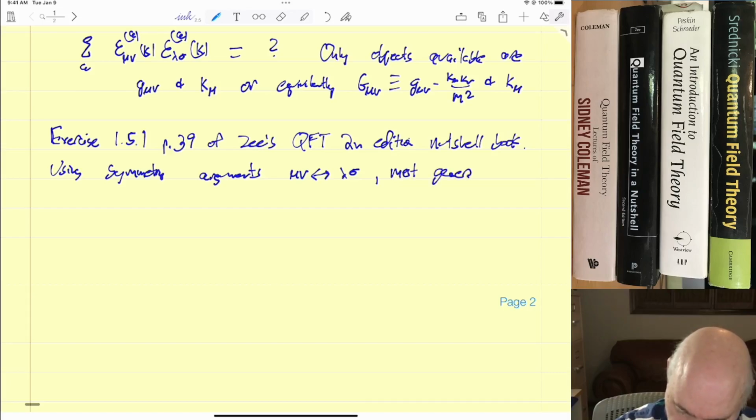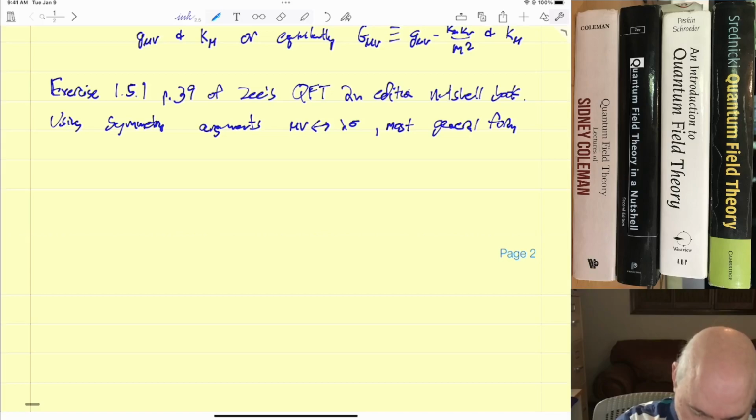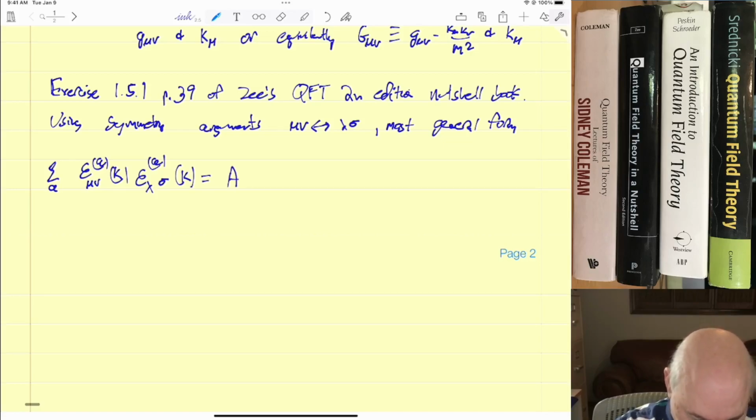and there's basically 5 terms. So we're going to have the sum over A. Our first term will be a coefficient multiplied by g mu nu g lambda sigma.